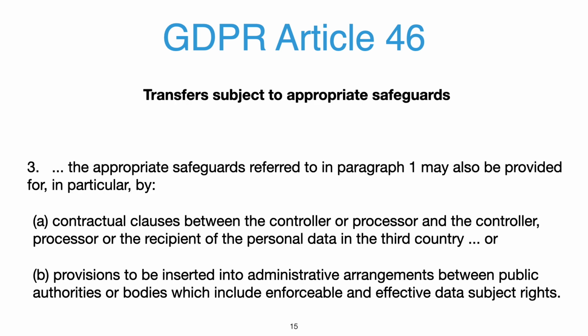Now, Article 46.3 talks about the main mechanism then that controllers use in order to enable the processing in third countries, and that's a contract between the controller and the processor. And so specific data protection provisions will be written into the contract.